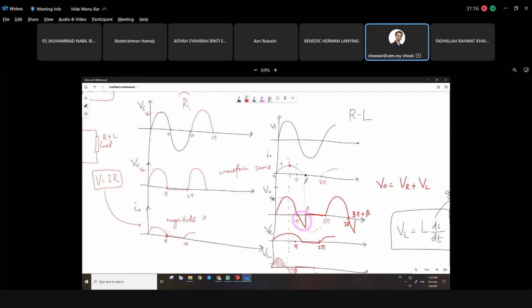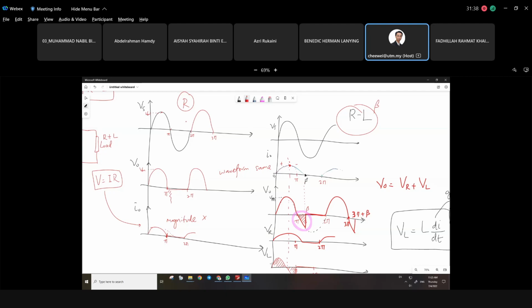This is R only. This is RL. Negative part is there for RL. Negative part is not there for R load. And then we have the extinction beta angle for RL. Here, no beta. It's just stopping at whatever it starts, 0 pi to pi.